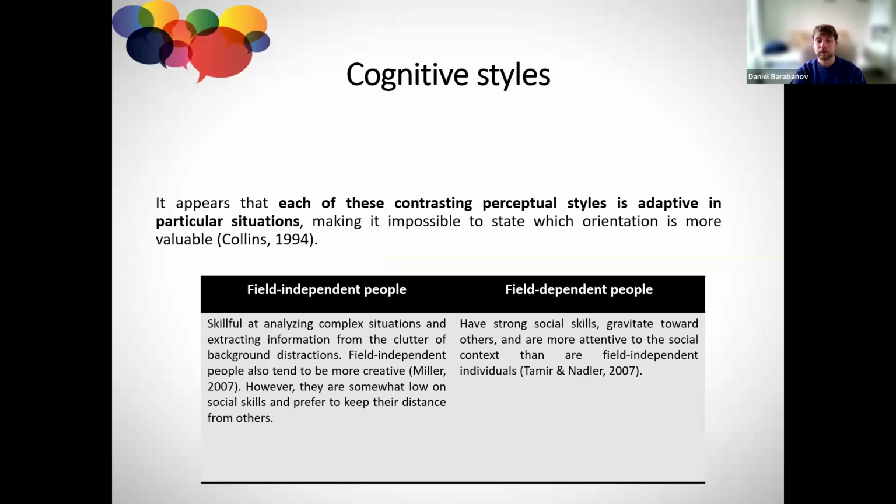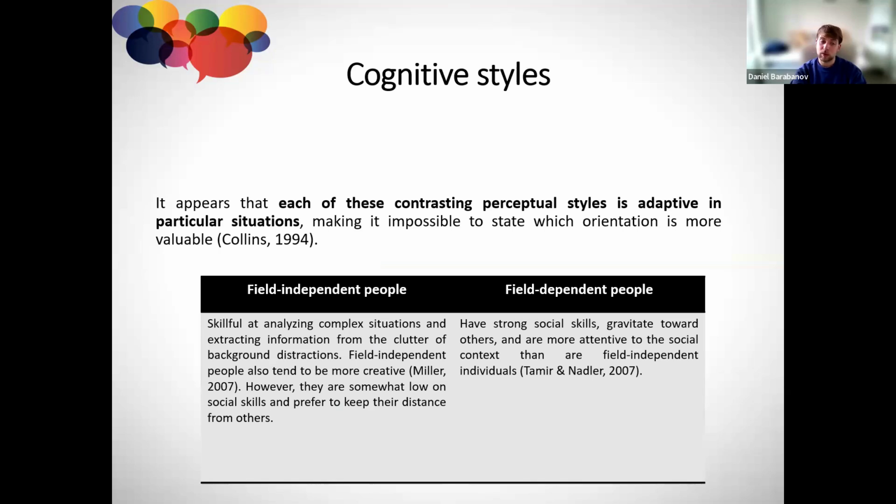So basically, as I said before, it doesn't necessarily mean that one style is better than another. They just have different strengths and weaknesses. Field-independent people are skillful at analyzing complex situations, extracting information from background instructions.